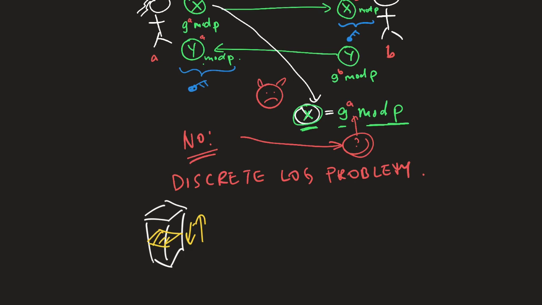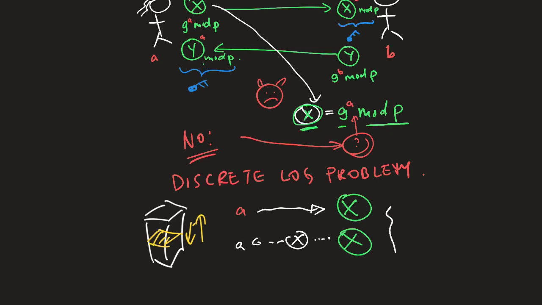It's very easy for Alice to take her A and do some math on it to turn it into X. But it's impossible for the bad guy to take X and turn it into A. So this is the trapdoor.